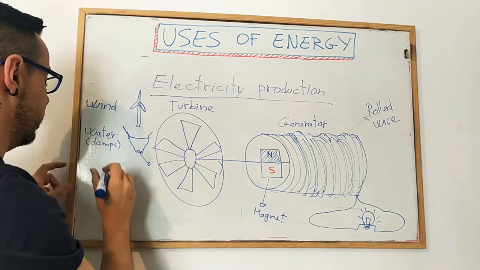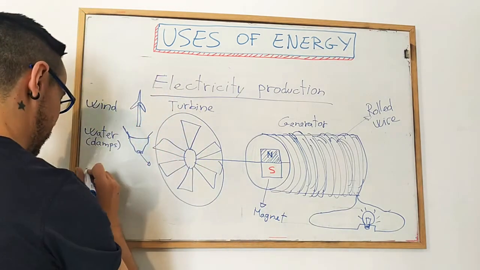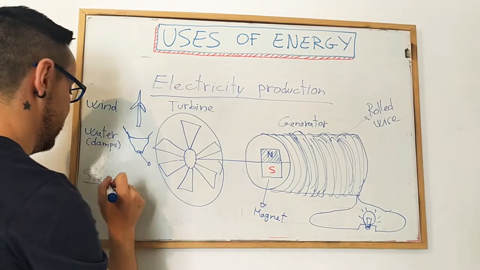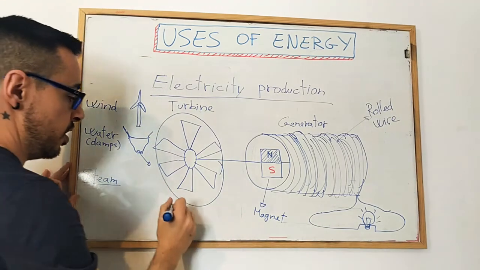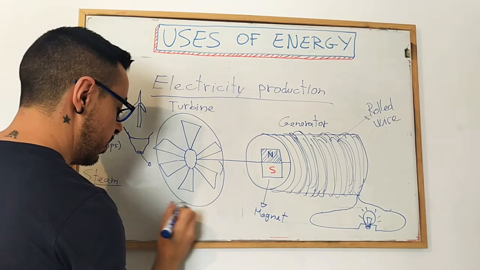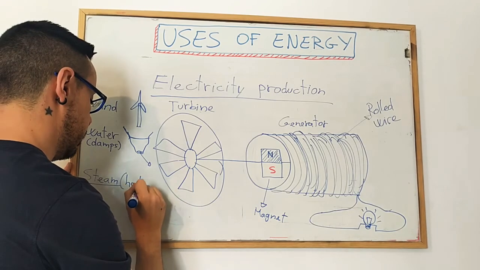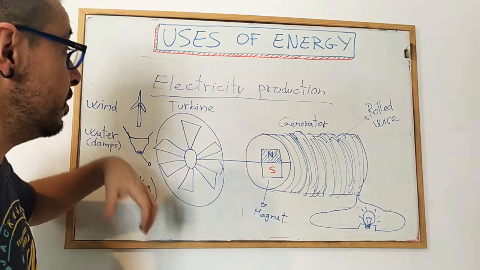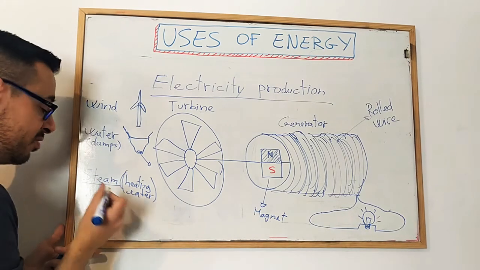And another one, the steam vapor. What happens with the steam? You heat water, okay? When we heat water, we produce steam, and that steam can move the turbine. Okay, so how can we produce this steam?